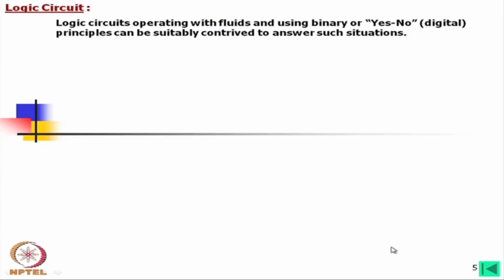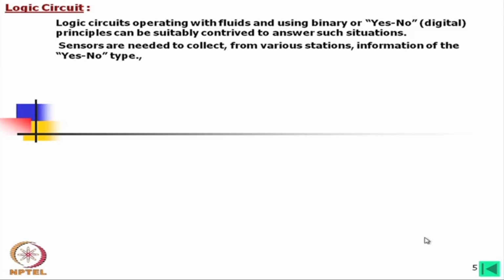Logic circuits operating with fluids and using binary or yes and no principles can be suitably contrived to answer such situations. Sensors are needed to collect information of the yes-no type from various stations.